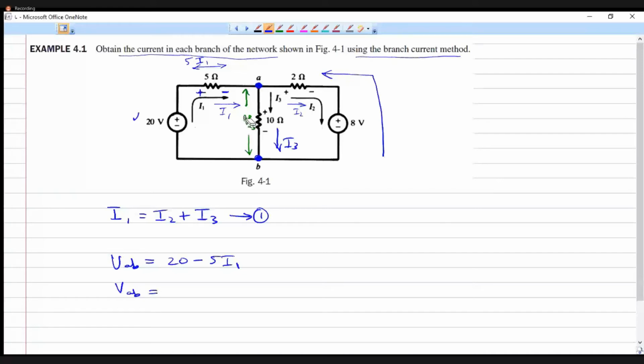So instead of marking VAB, let me draw like this so that the polarity will also be understood. So this is VAB, and that is balanced by this voltage. Okay. So how can I write? VAB is equal to 8 plus 2 I, yeah, twice I1. Sorry, twice I2.